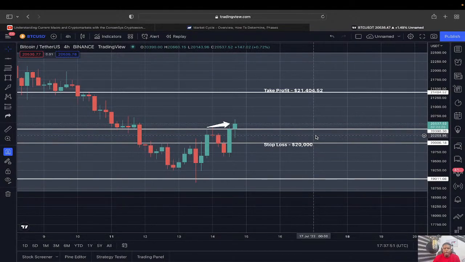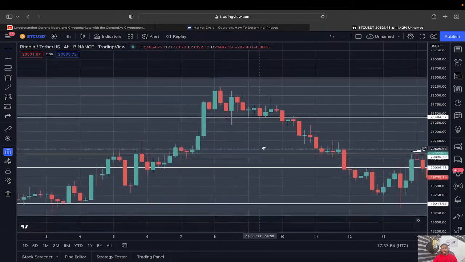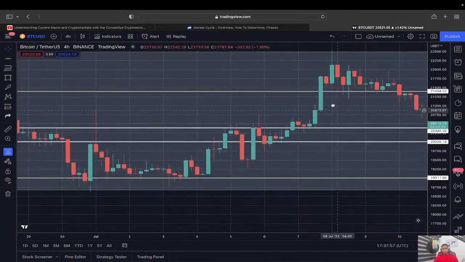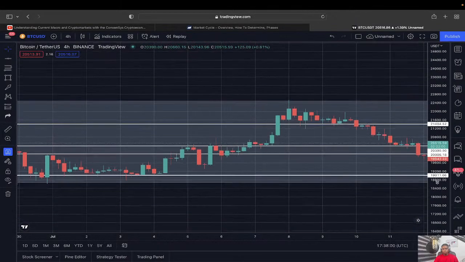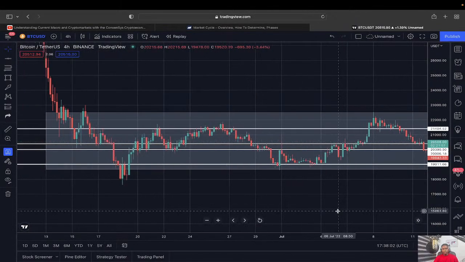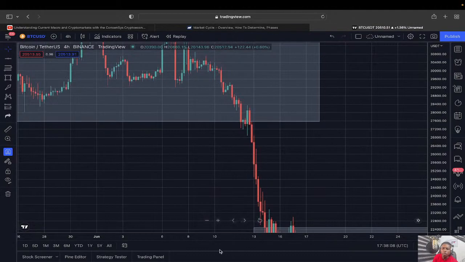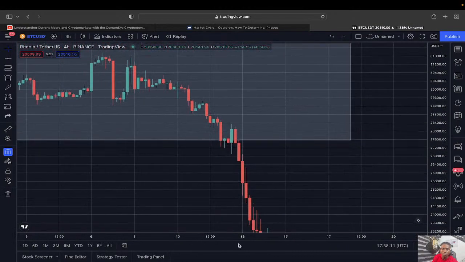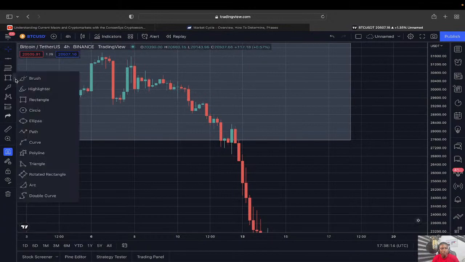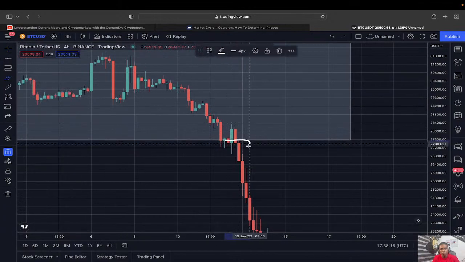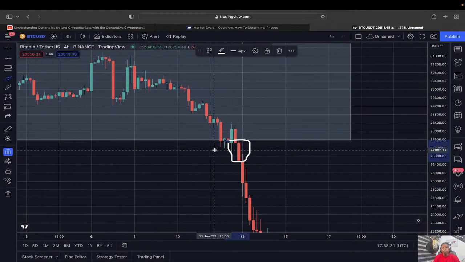Someone says, what is a breakout? Okay, good. Look at this candle here. This is a breakout candle. Let me bolden it for you. A breakout candle is the candle that occurs after price has been moving in a consolidated manner, in a range, without direction.